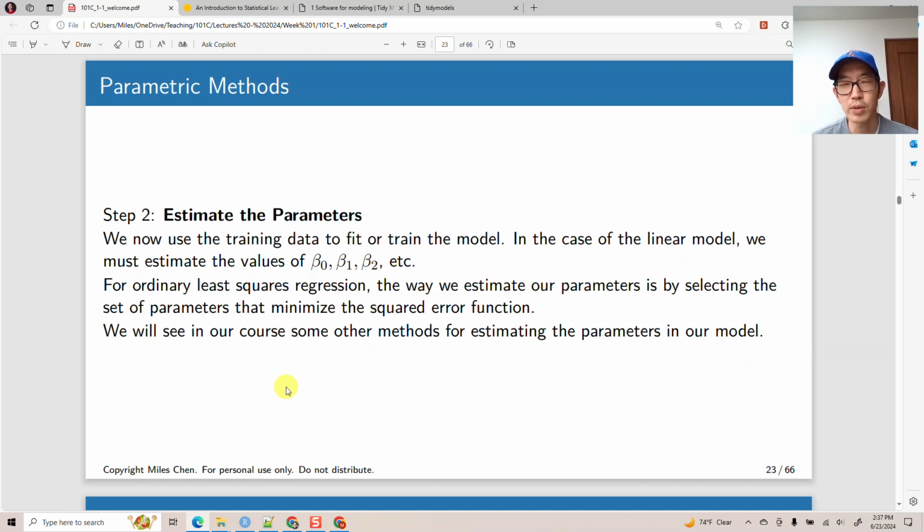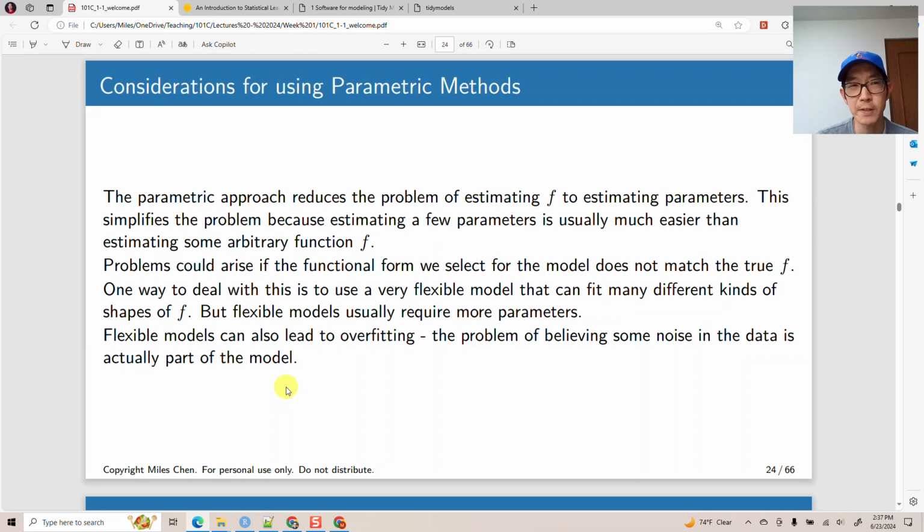That's how we approach the parametric method: we make some kind of functional assumption about the form of the function, and then we go ahead and estimate the parameters. So this parametric approach simplifies the problem by turning it into just estimating parameters.